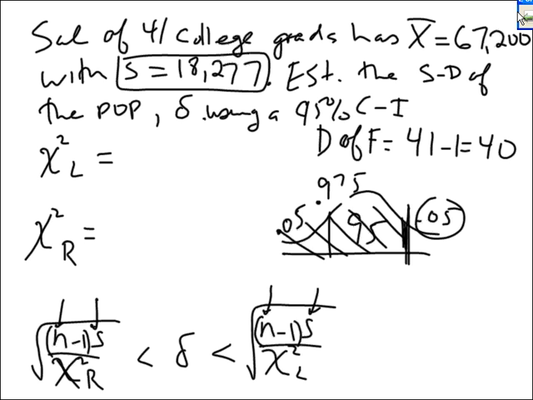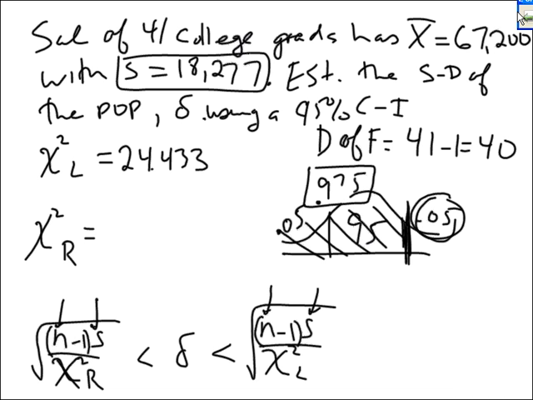So when it comes to the left one, for chi-squared L, you look under 0.975, and you go to the degrees of freedom, which is 40. Under 0.975, you go to 40, and you get 24.433. And to the right of that cutoff, you have 0.05.